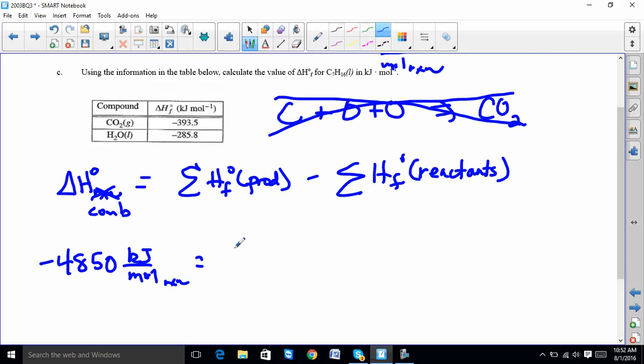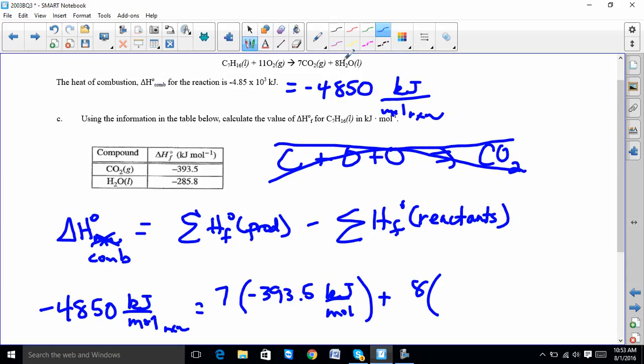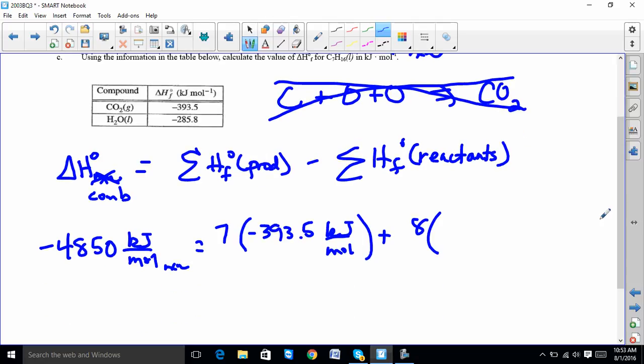So we have 7 times negative 393.5 kilojoules per mole, plus 8. The 8's coming from the 8 here, because this is the heat of formation of 1 mole. Well, you made 8 times that. So then negative 285.8 kilojoules per mole RXN.